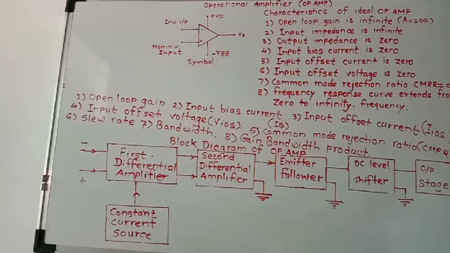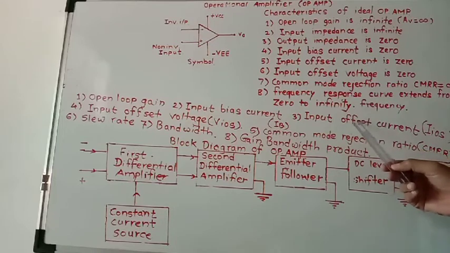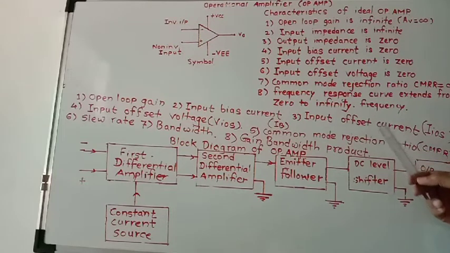Then what is meant by input offset current? That is IIOS, the input offset current. It is the difference of the two input currents, that is, |IB1 minus IB2|.